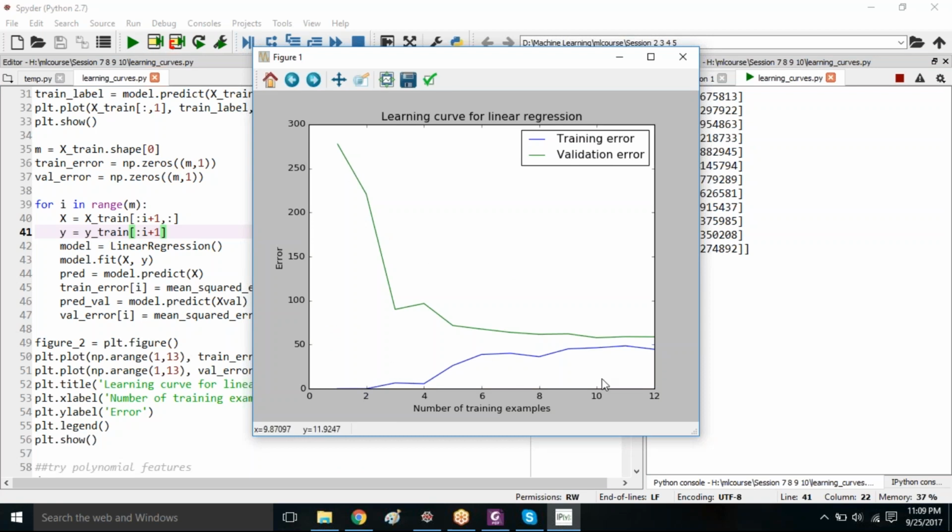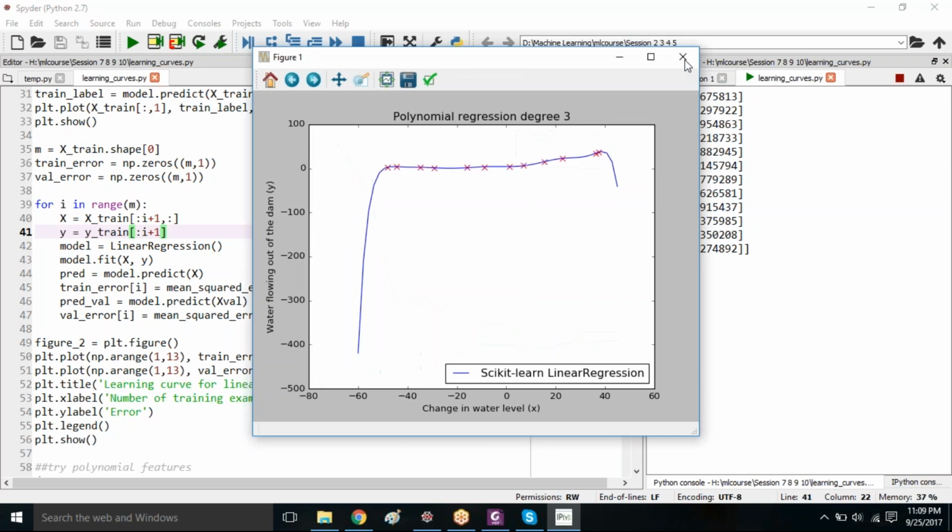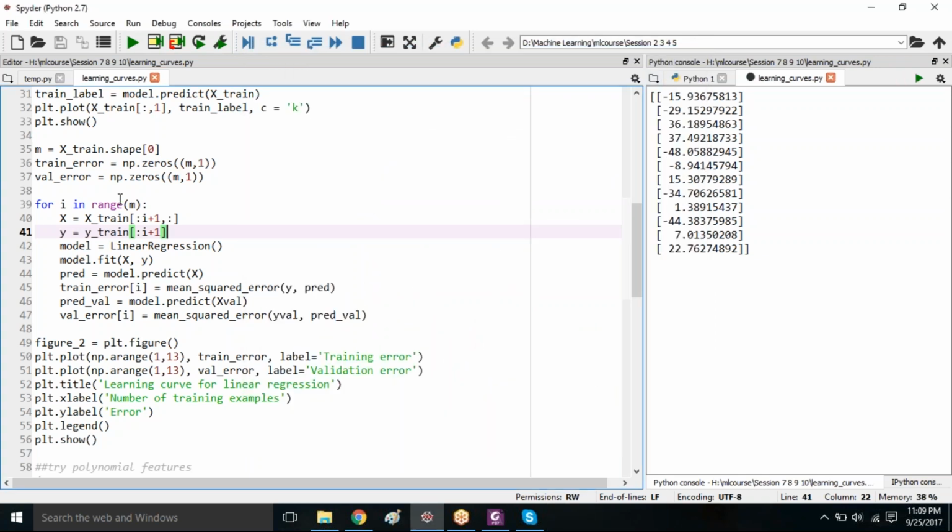Every time I increase the training examples, I am marking down the values of training error and validation error. From X train, I have taken how many rows? We have 12 data points.